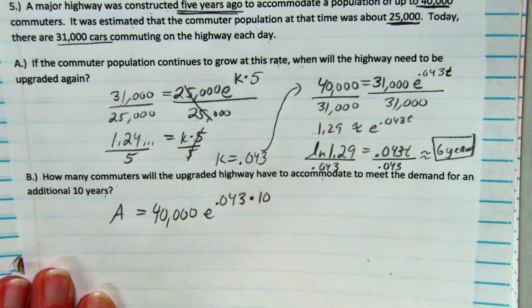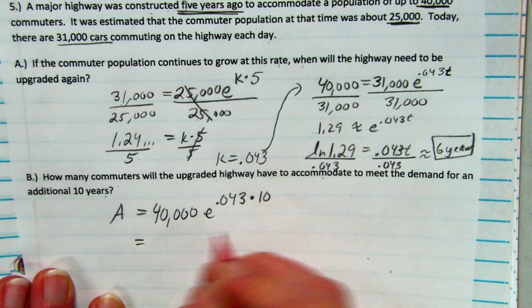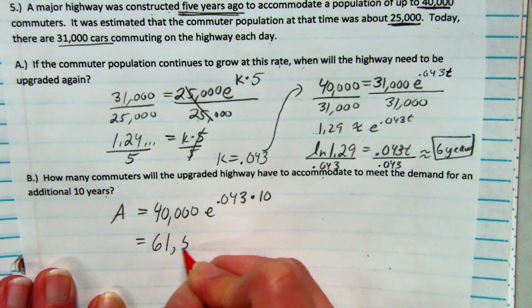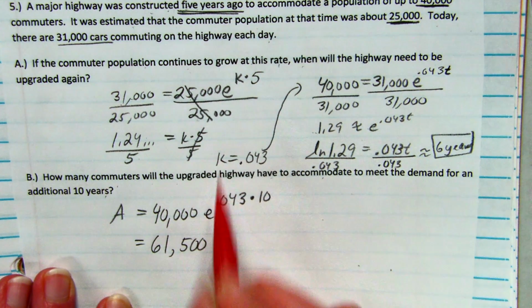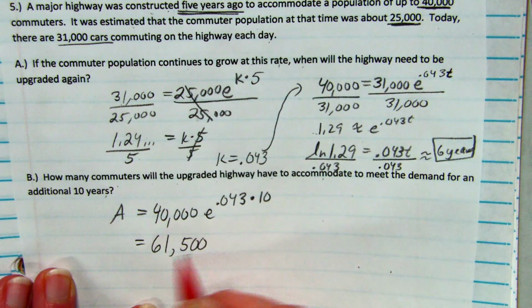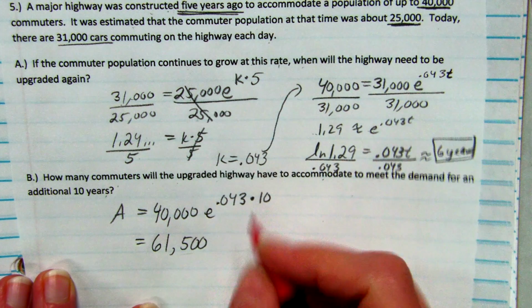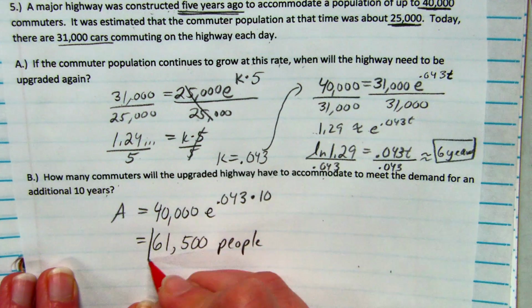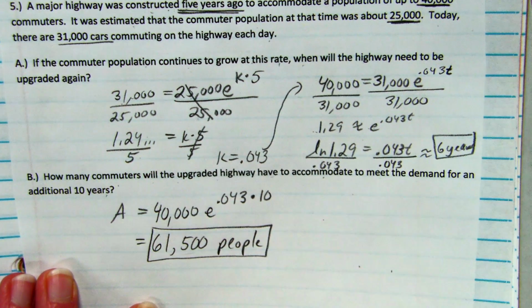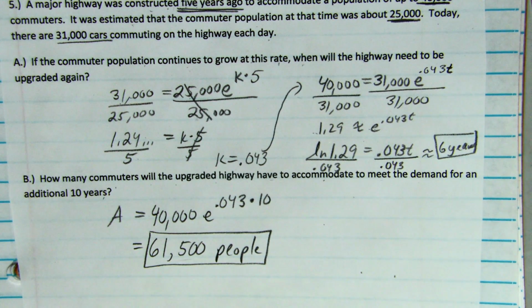So we're getting that final amount. Type all of that in, round it off, because really we've gotten rid of some significant digits in there, so we're not going to have that many significant digits on the answer. Maybe about 61,500 people if we round that off to the nearest 100 people.